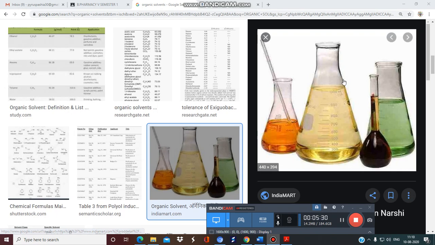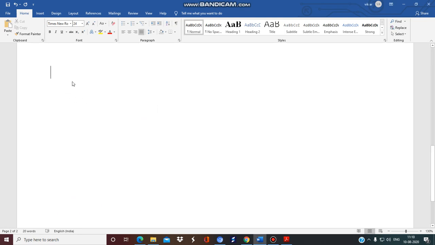Generally we use different organic solvents as mobile phases, like chloroform, methanol, ethyl acetate, benzene and petroleum ether. So always remember this point: depending upon the phase, chromatography is divided into two types. First is normal phase chromatography, and second is reverse phase chromatography.